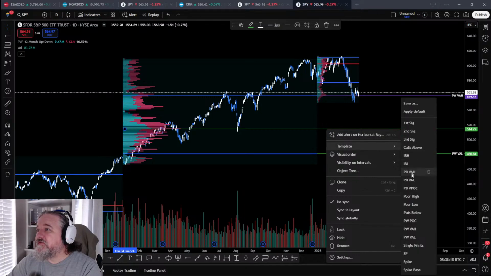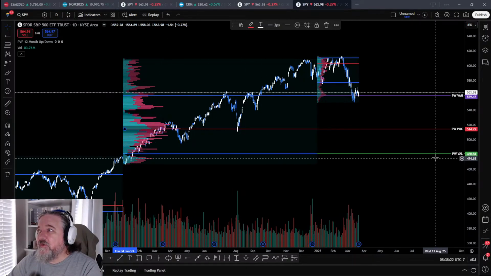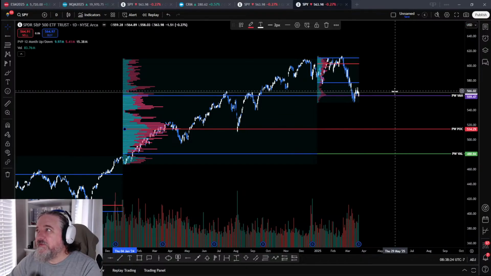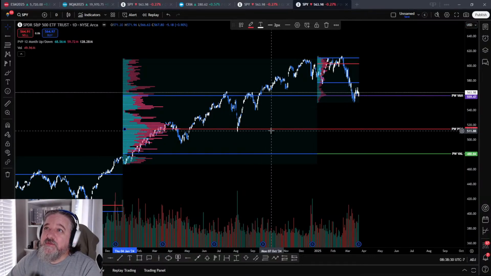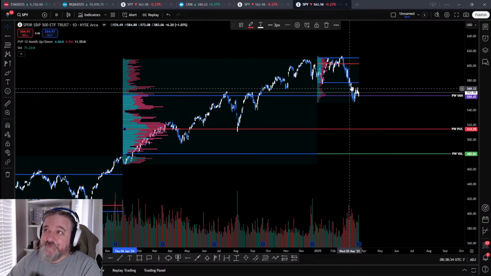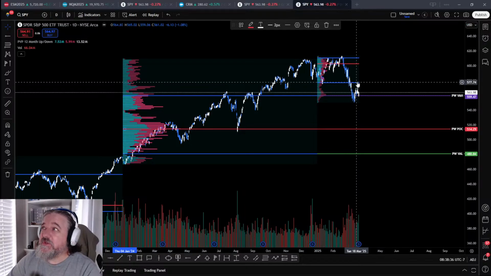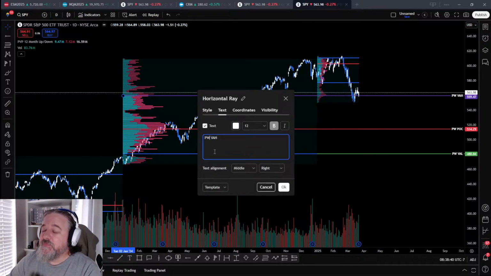So if you're trading off of volume profile and you're trading off of previous week value area low, previous week value area high, or previous day value area high, previous day value area low, so on and so forth, once I have my lines drawn, if I change to a lower time frame, those levels don't change. So let me just draw this out really quick, and then I'll show what I'm talking about.